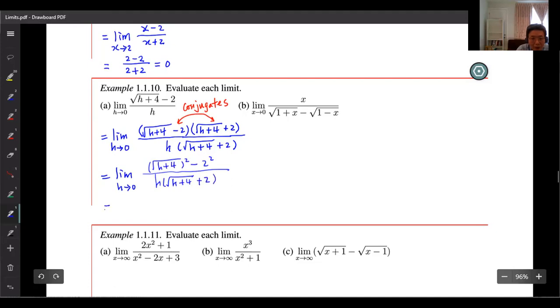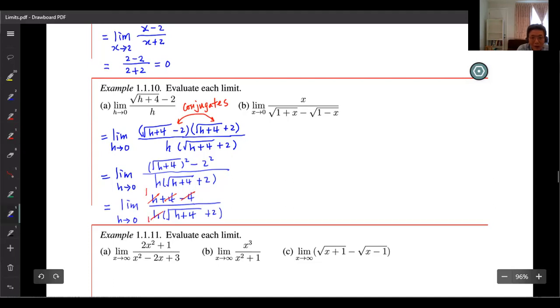So then it equals h plus 4 minus 4 over h. That's good. Then we can cancel, this cancels out, and this one we can cancel out.